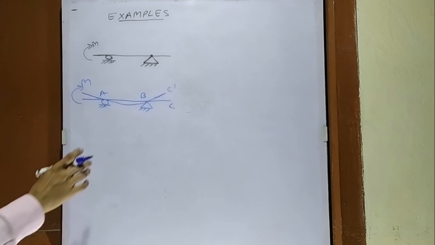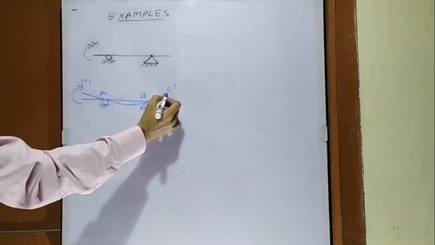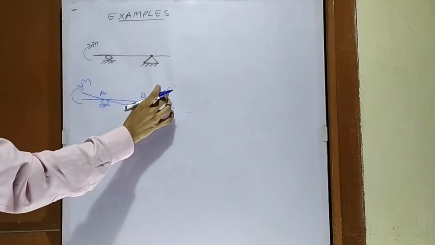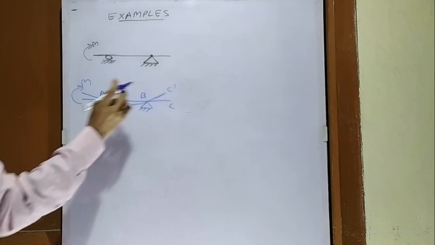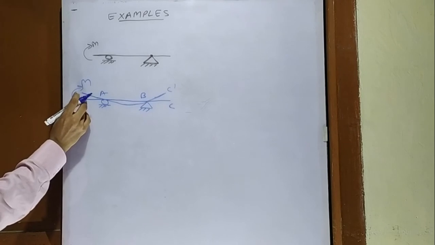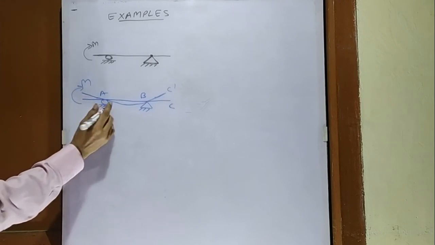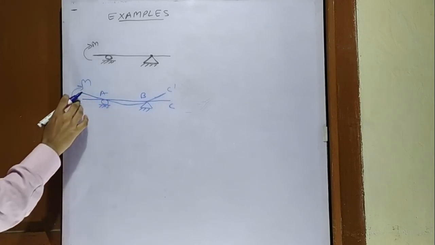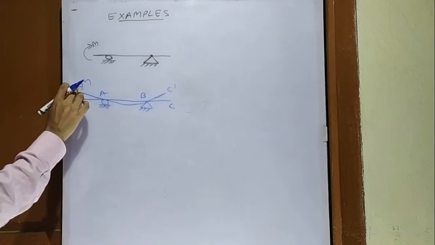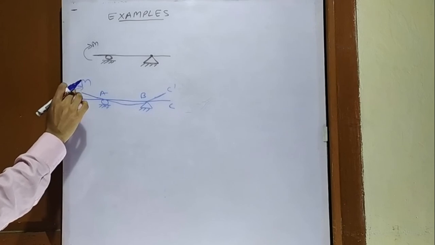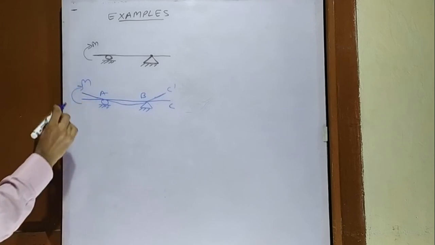So there will be deflection, but the beam will remain straight as it was before the loading. But before the roller support, the beam will bend due to the moment which is applied at this point.